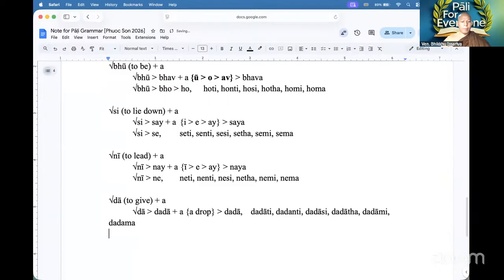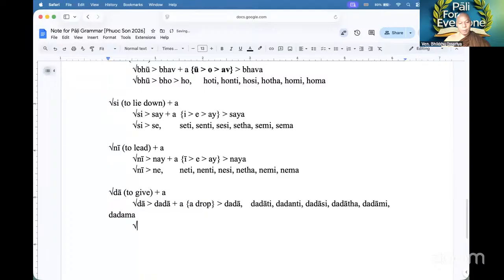But if we don't use this conjugation sign a, then a becomes e, so we have de: de di, de ndi, de si, de ta, de mi, de ma, you see.